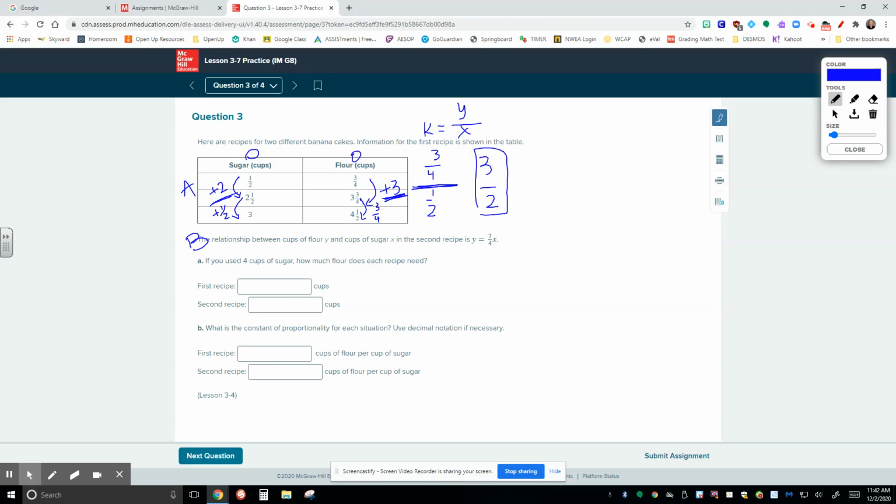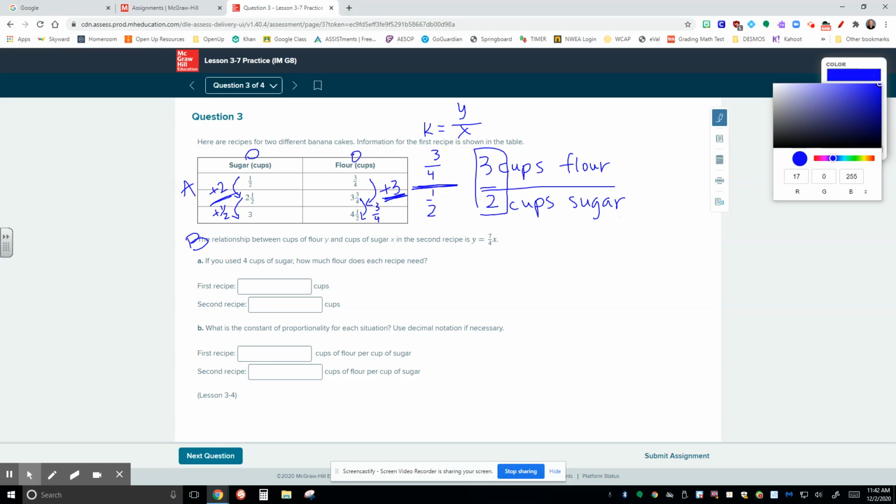Now the question is, what does that mean? Well, it means 3 cups of flour for every 2 cups of sugar. Now, how does that compare to part B? Part B tells us that the equation right here is y equals 7/4 x.